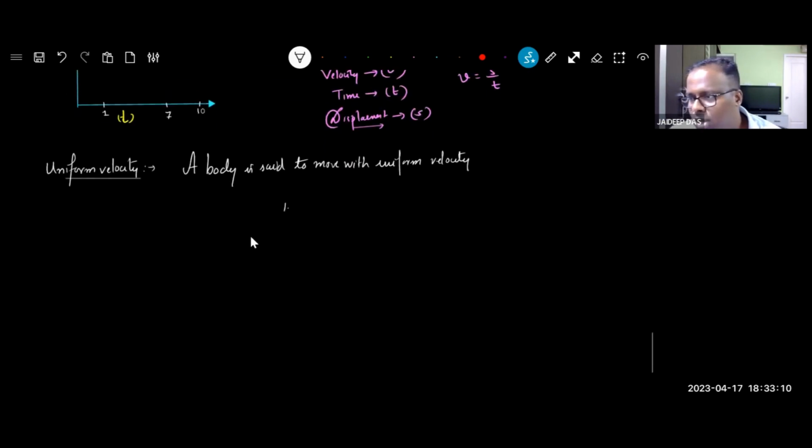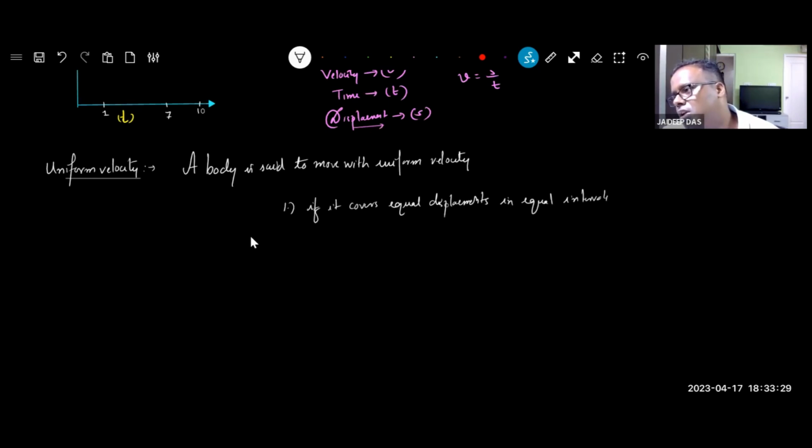Option 1, the way I was defining was if it covers equal displacements in equal intervals of time, no matter how small the intervals may be.